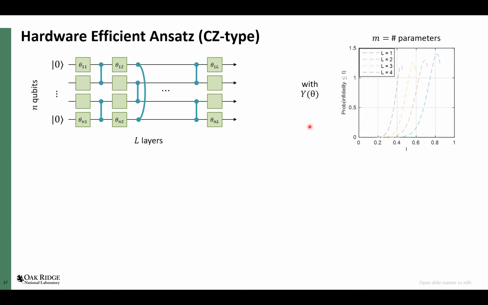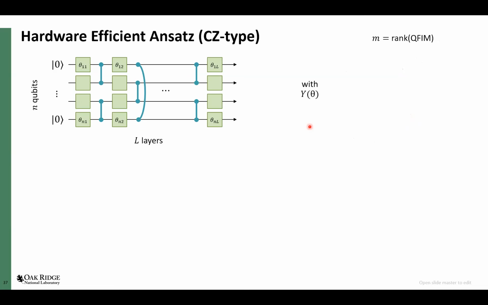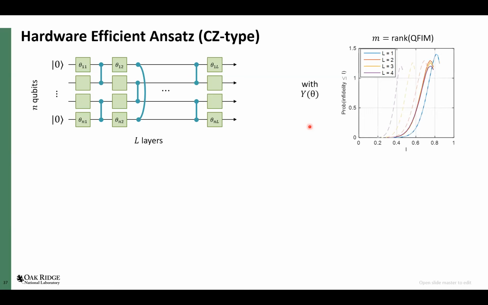This points out something that you need to be careful of, which is that the number of parameters is actually not the dimensionality of the set of states that the circuit can make.